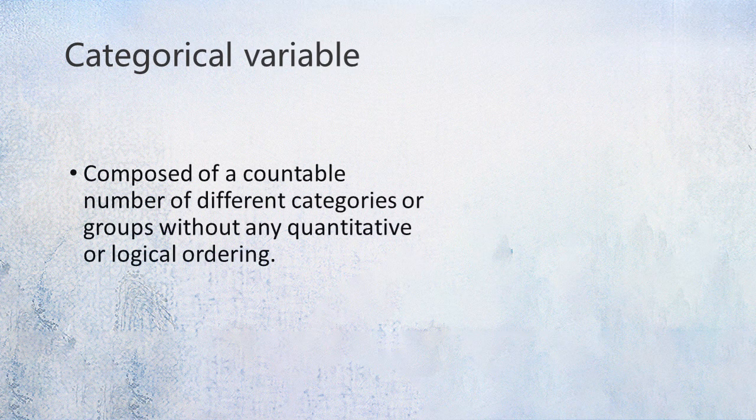As for categorical variable, they are those composed of a countable number of different categories or groups without any quantitative or logical order.